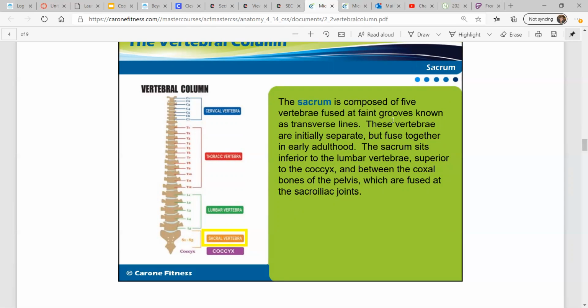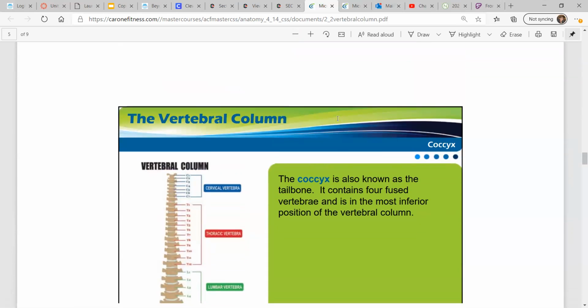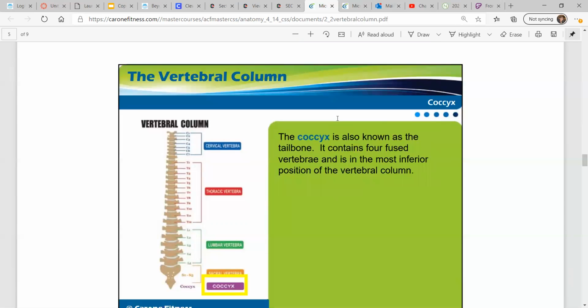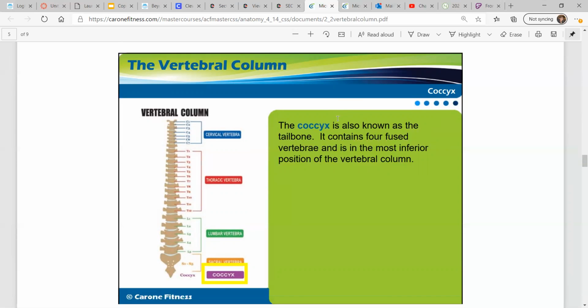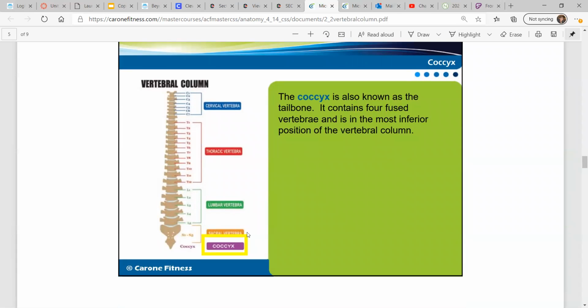So what you really need to take away from all of this is that it sits very low, and it's composed of 5 vertebrae. And the lower region is important. That's what I want you to take away from that. And then lastly, you have the coccyx, also known as the tailbone. It contains 4 fused vertebrae, and it's the most inferior or the most lower position of the vertebral column.